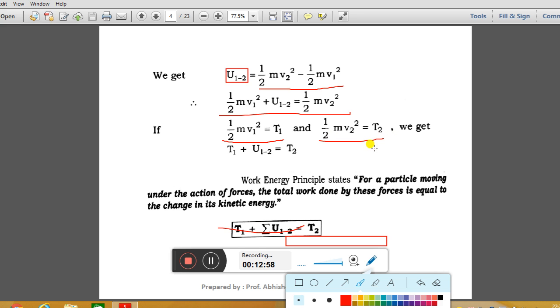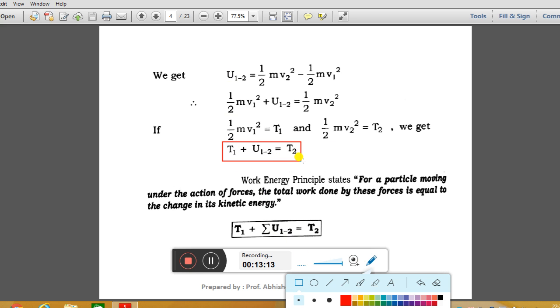So put these values in the above equation, and we get the equation of the work energy principle.